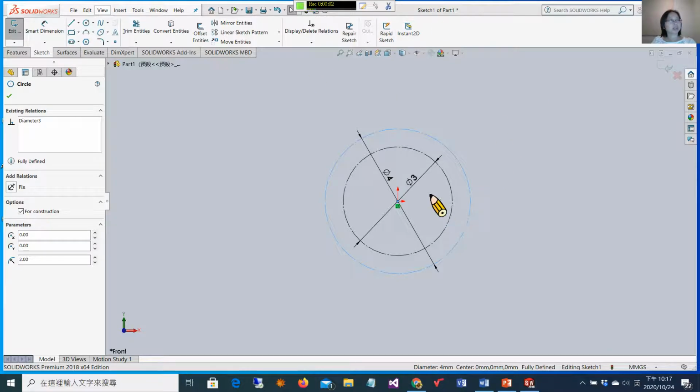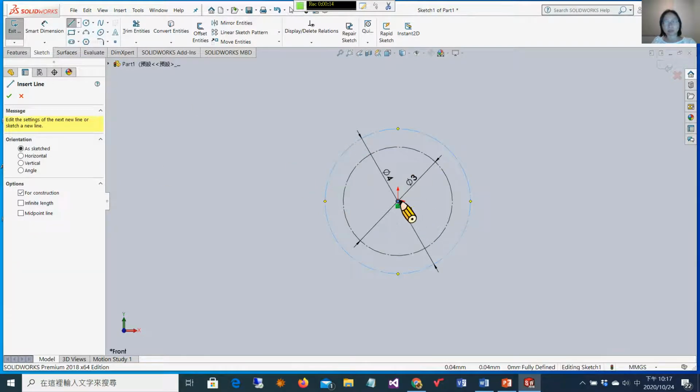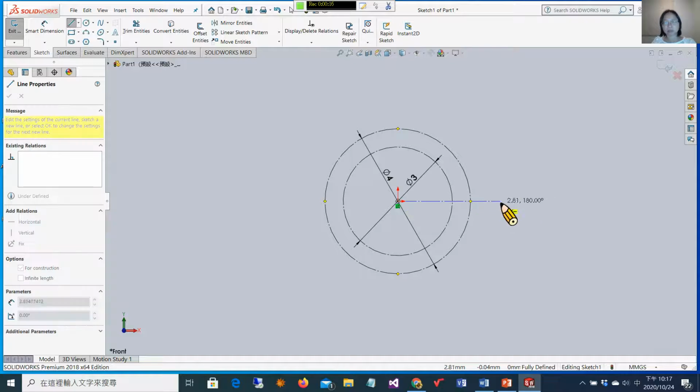So I draw a horizontal line for the follower initial position at the cam angle 0 degrees. Rotate and copy this entity every 10 degrees in the counterclockwise direction.